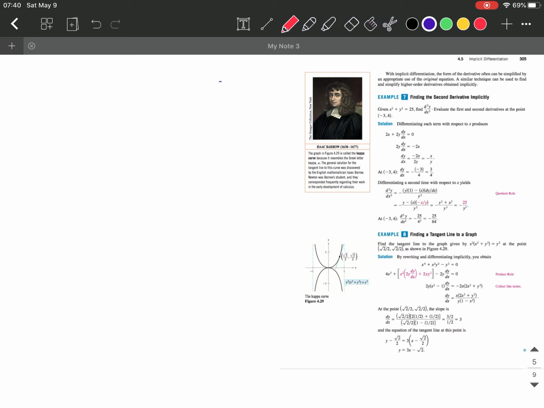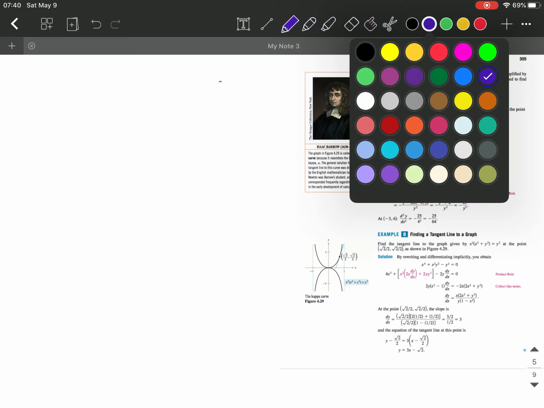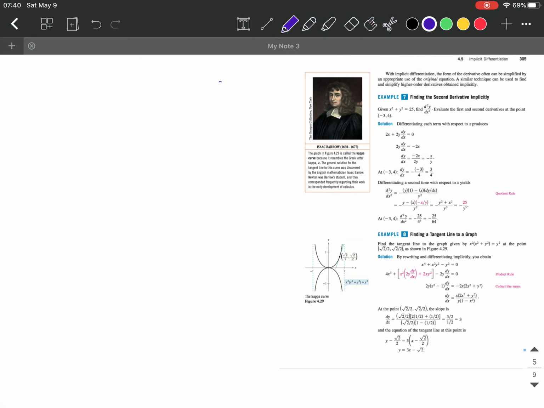Okay, find the tangent line to the graph given by x squared plus y squared equals y squared. The first thing you would do here is use the distributive property.